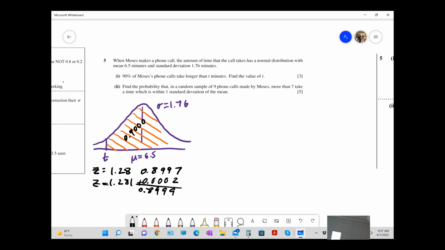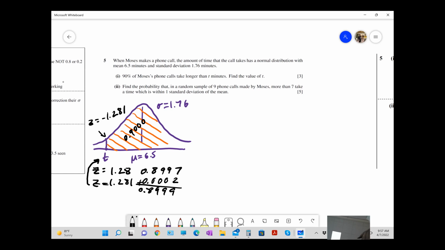This is pretty darn close. So the z-score associated with T there would actually be negative 1.281. So the z-score we want here is negative 1.281.